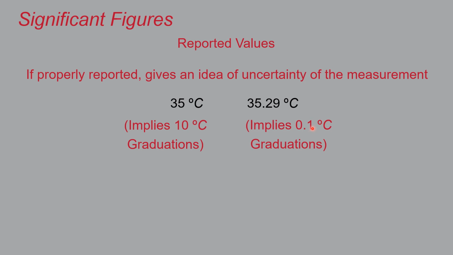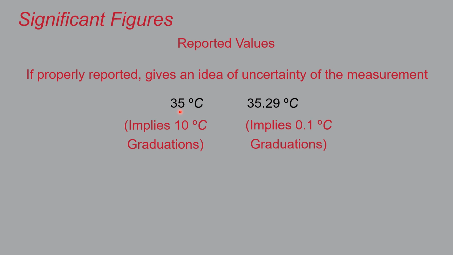And I will tell you that is a very, very expensive thermometer, a couple hundred dollars. This other one is reported to the 1's place, single degrees Celsius. If you're reporting to a tenth of that, that implies this thermometer has markings every 10 degrees Celsius. This would be a pretty bad thermometer, not the most useful thing in the world.